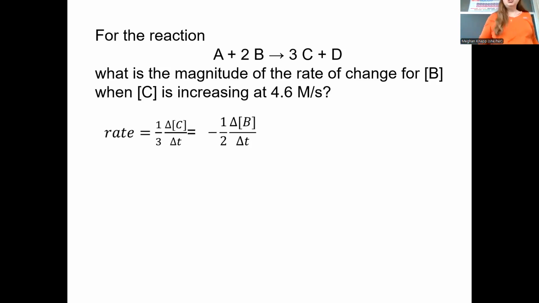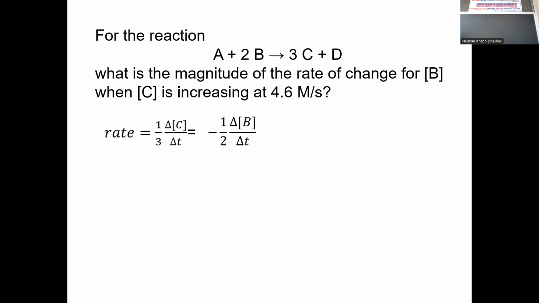The relationship between B and C, we have to put the negative sign in front of B because that one is the reactant, so it's actually decreasing. But all that negative sign is doing is telling us that when we plug in numbers, the change is going to be negative. I'm going to make it positive.